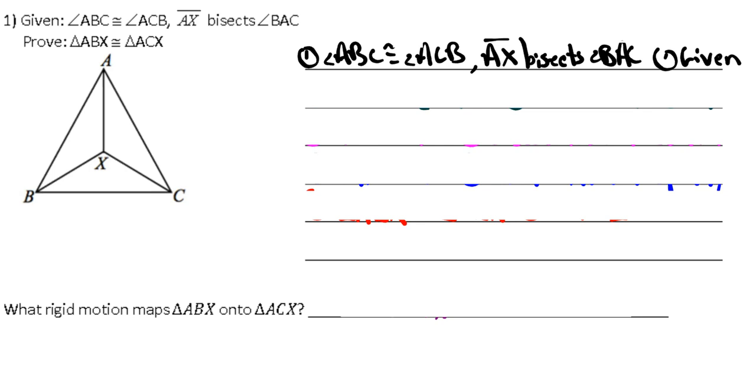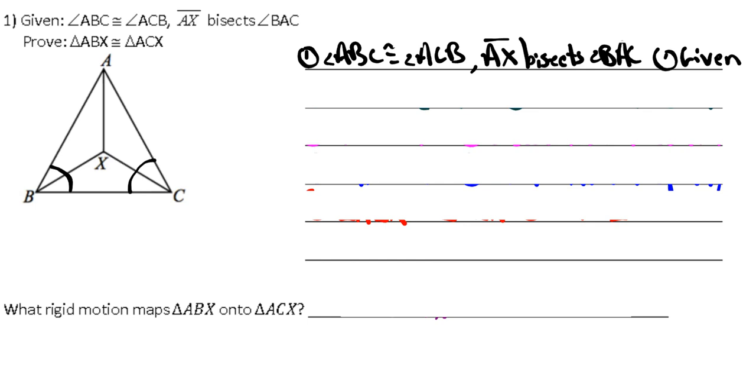With angle ABC congruent to angle ACB, I want to make sure I mark the correct angle in my figure. ABC is this whole big angle, and ACB is the big angle down here as well. AX bisects angle BAC, so that's the angle at the top cut in half.